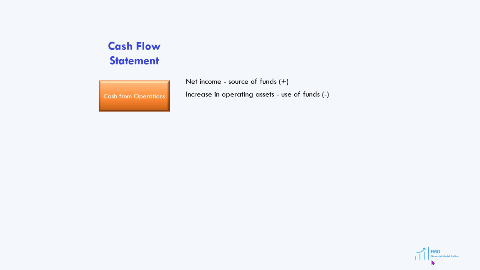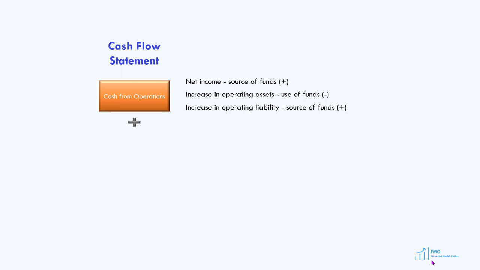So when our operating assets increase, for example, when there is an increase in inventory, that means that we are using our cash to purchase the additional asset, so there will be a reduction in cash, and therefore an increase in operating assets will have a negative sign. An increase in operating liabilities is the opposite of an increase in operating assets. So an increase in operating liabilities represents sources of funds, therefore it should have a positive sign.